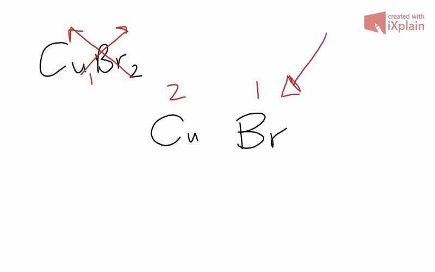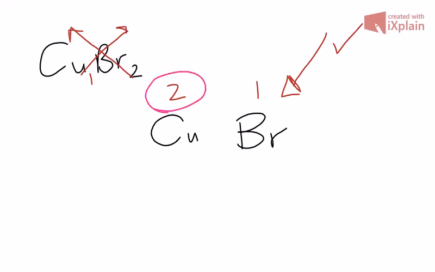Then you're going to check your nonmetal. You're going to check that the charge on the nonmetal is actually correct to ensure that your actual formula wasn't reduced, because maybe it was reduced and we don't know. So we're going to go to our periodic table and we're going to figure out what the ionic charge of bromine is. The ionic charge of bromine is actually 1-, so this is correct. So I know that this formula has not been reduced, which means that the charge on copper is actually 2.